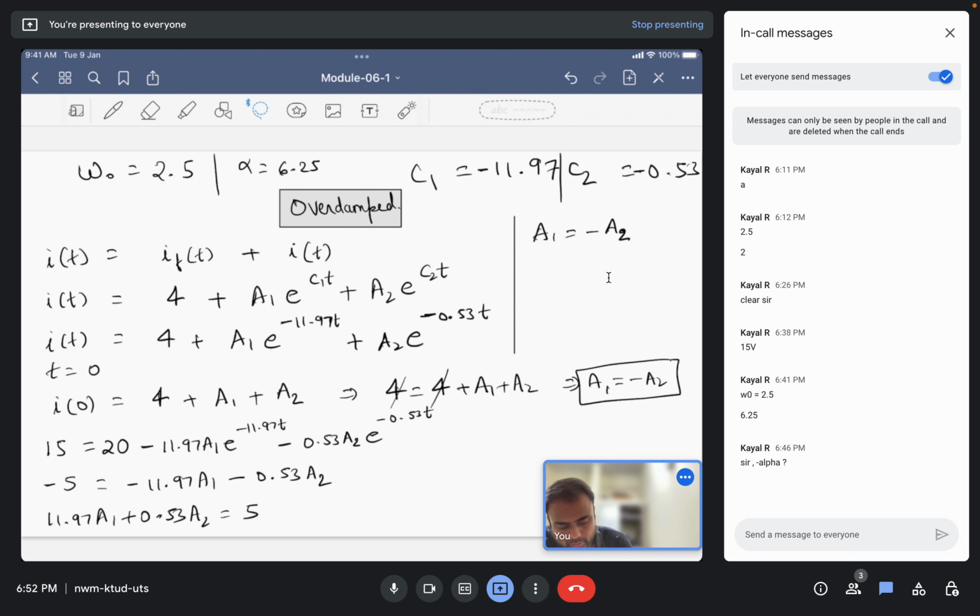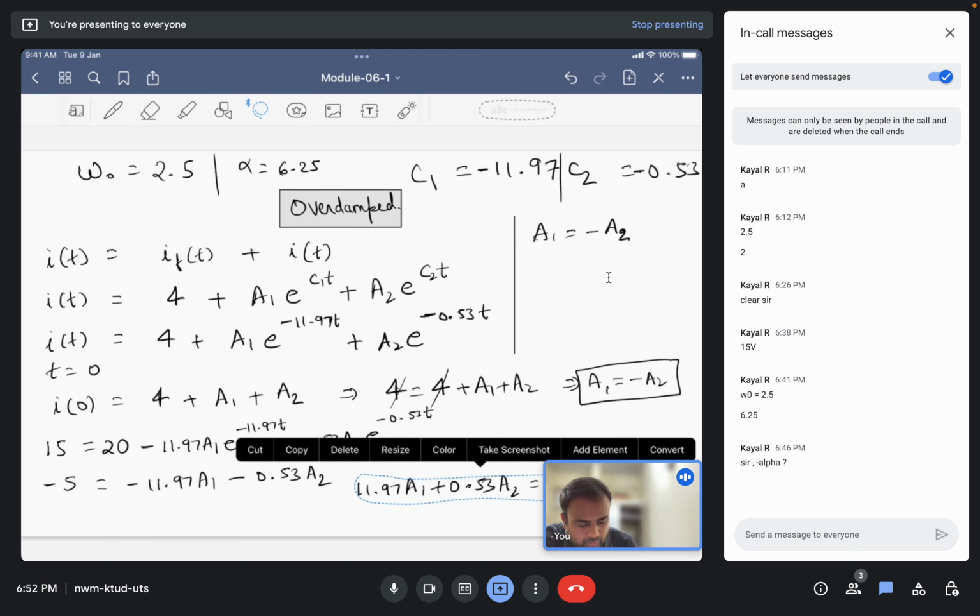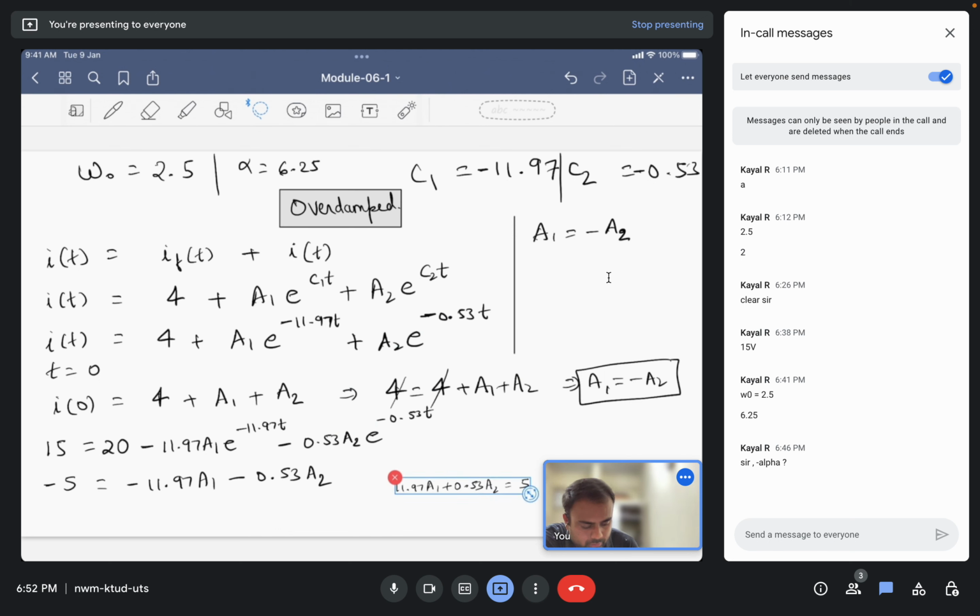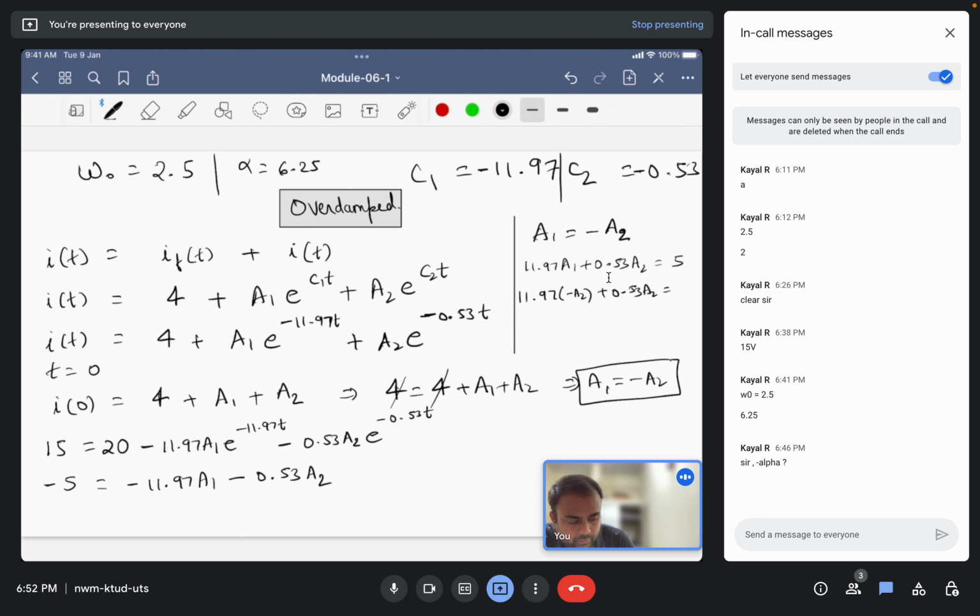So let us summarize the equations here. So these are the two equations. Let us substitute equation number 1 into it, putting in the value of A1. So 11.97 times minus A2 plus 0.53 A2 is equal to 5.